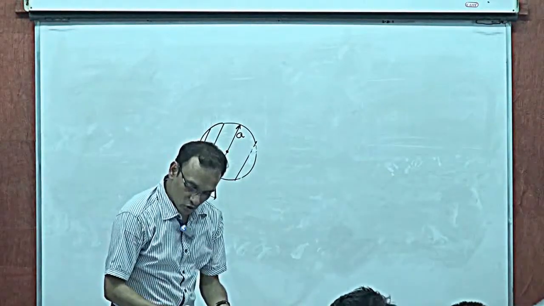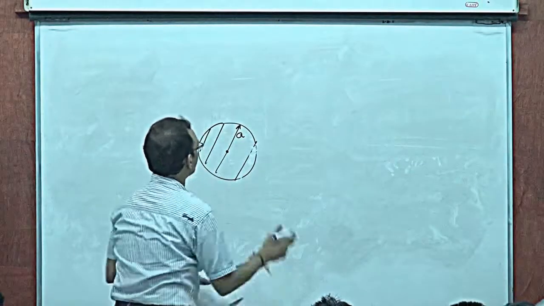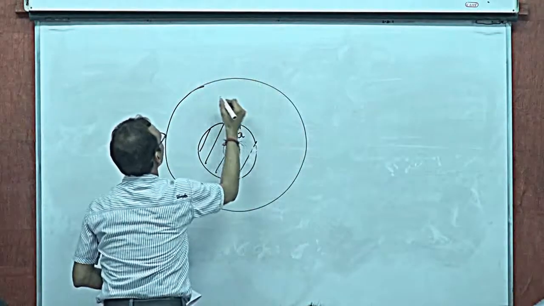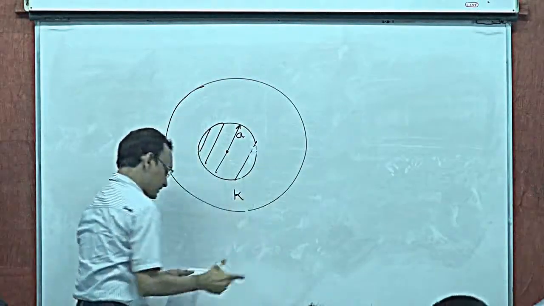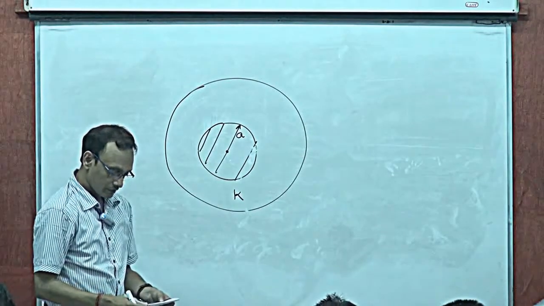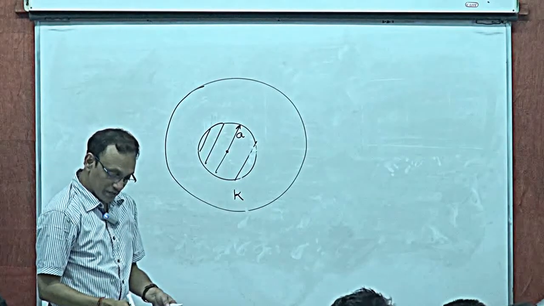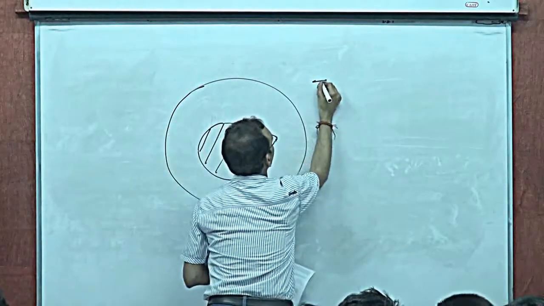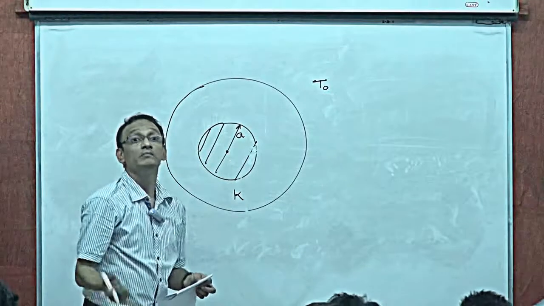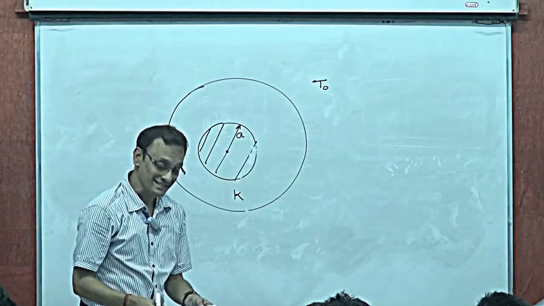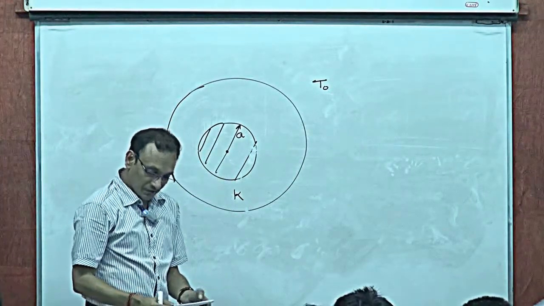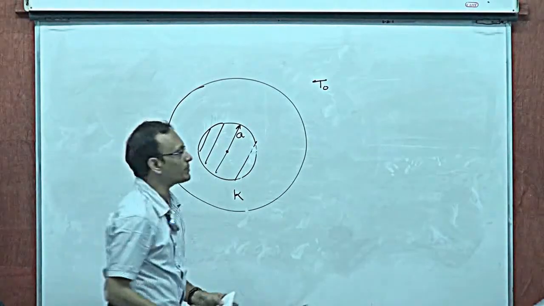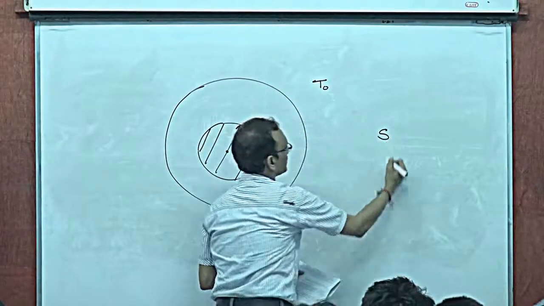It is surrounded by a coaxial layer of a material of thermal conductivity K, where the temperature of the surrounding space is T naught, much higher than the temperature of the cylinder. That's given. The heat capacity per unit volume of the cylinder is S.